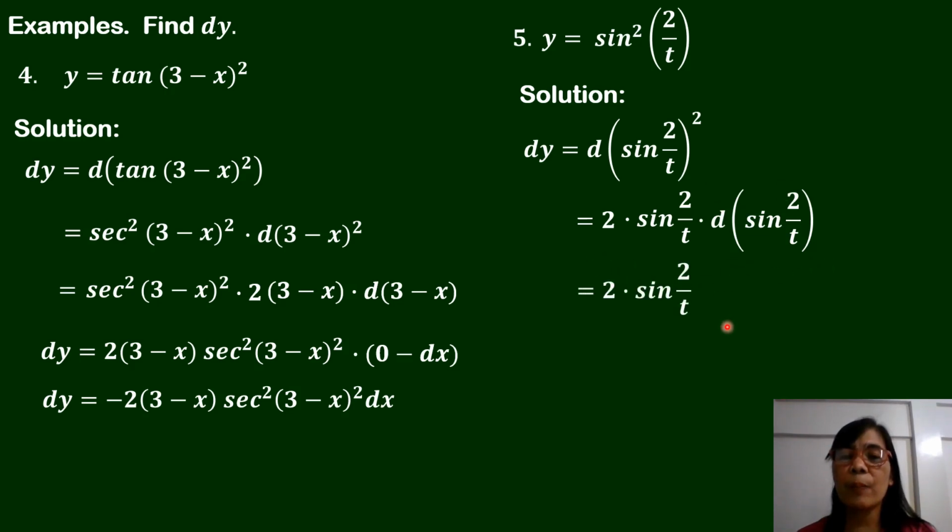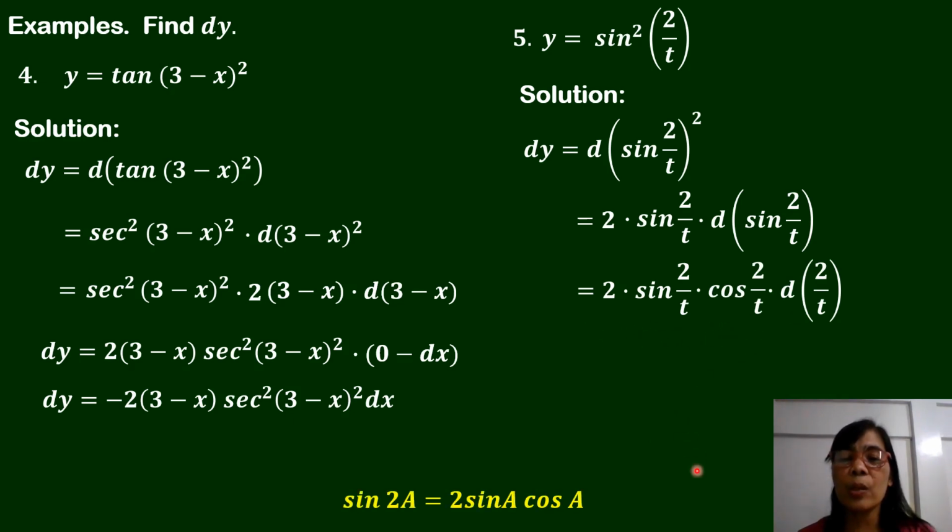So we just copy. We have the differential of sine angle is equal to cosine angle times the differential of the angle. If you still remember in trigonometry, we have an identity similar to this expression, which we call the double angle formula. In the double angle formula, sine 2a is equal to 2 sine a cosine a.